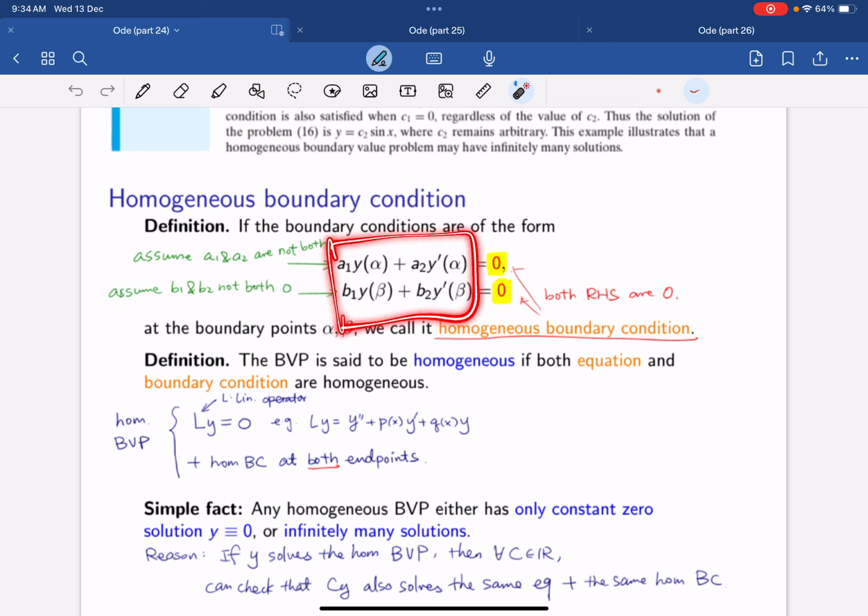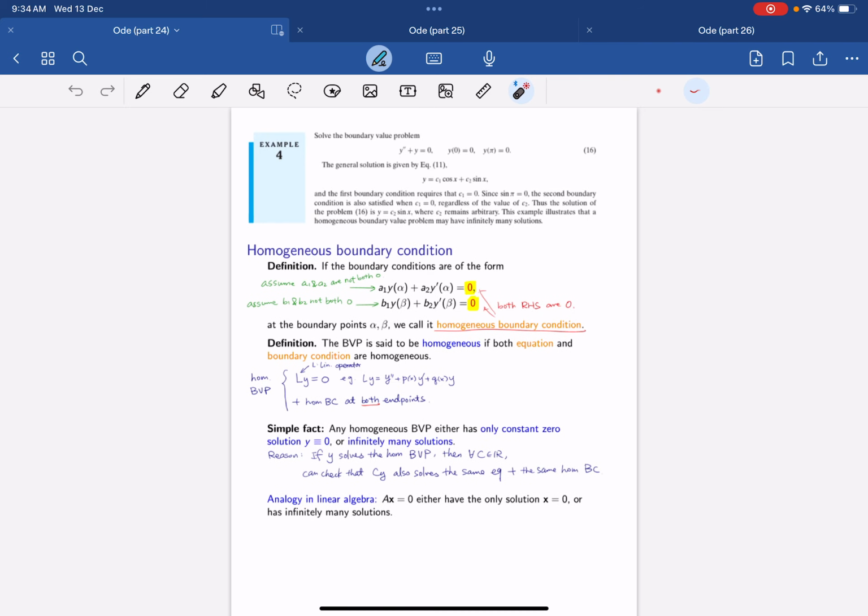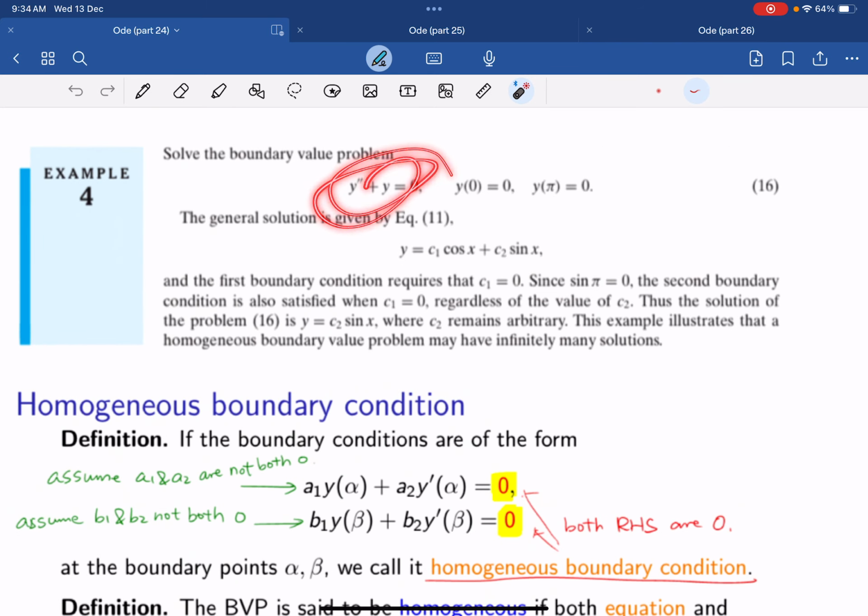So you shift all the y functions to one side, then when you sub in the point, it equals 0. And a boundary value problem is homogeneous if it has both the homogeneous boundary conditions and the equation itself is homogeneous. The equation itself being homogeneous means that in this equation over here, all the y terms equal 0.